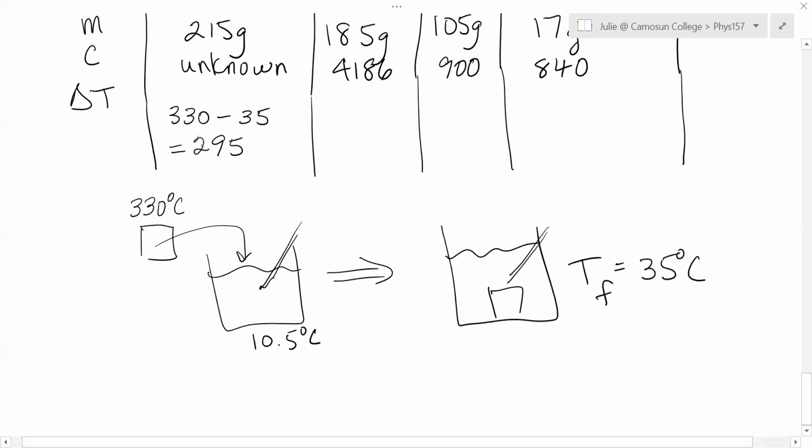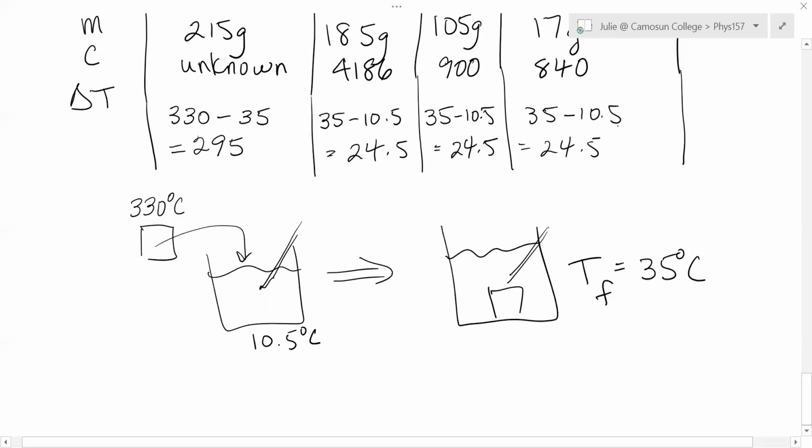Okay, and then for everything else, it's 35 minus 10.5 because it's hot minus cold. So this would be 35 minus 10.5, and this would also be 35 minus 10.5, and this would be 35 minus 10.5. All positive numbers. And what is that? 35 minus 10 would be 25, 24 and a half. So their delta T's are all the same and always positive.